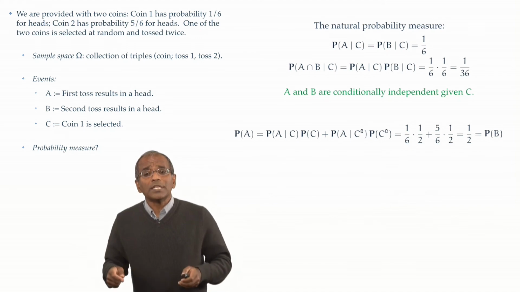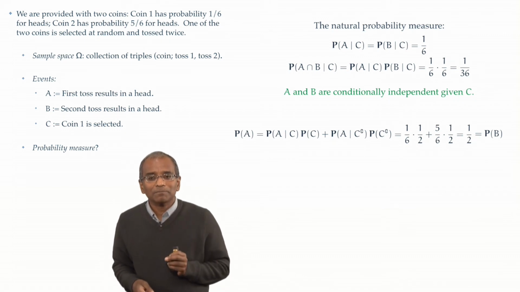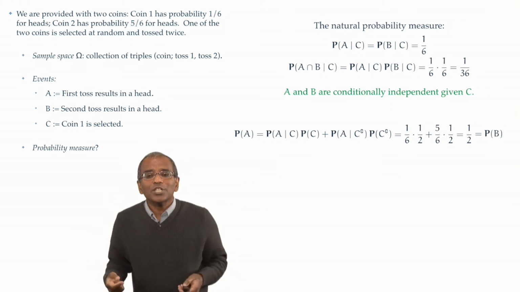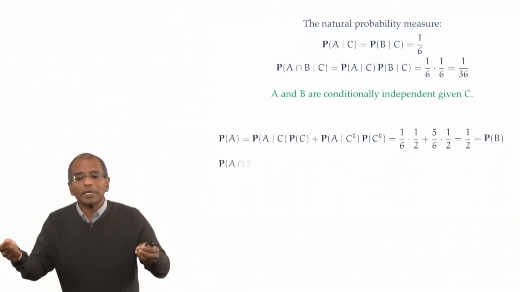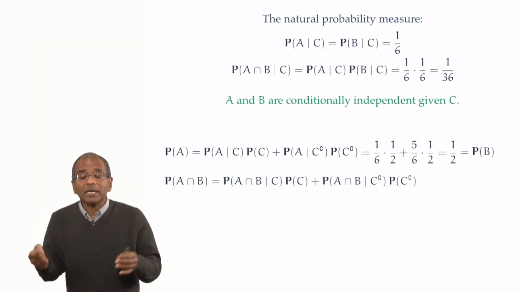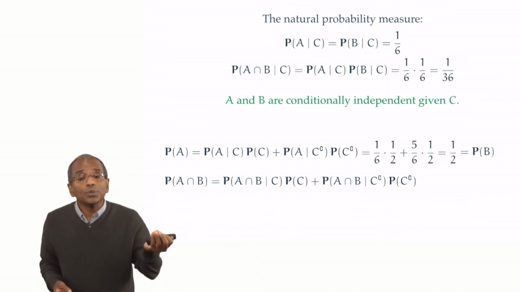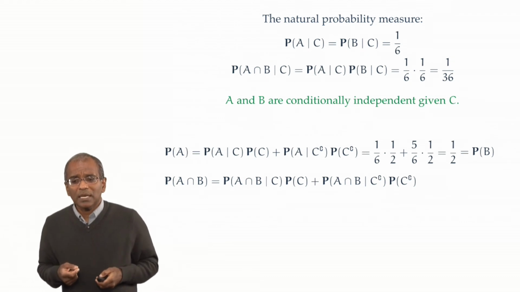What about the probability of A intersection B, that the first and the second tosses result in heads? Again, we are naturally going to condition upon whether we choose coin 1 or coin 2, and total probability gives us an identity. The probability of A intersection B conditional on whether coin 1 was first chosen or coin 2 was first chosen. And now we simply write out these probabilities.